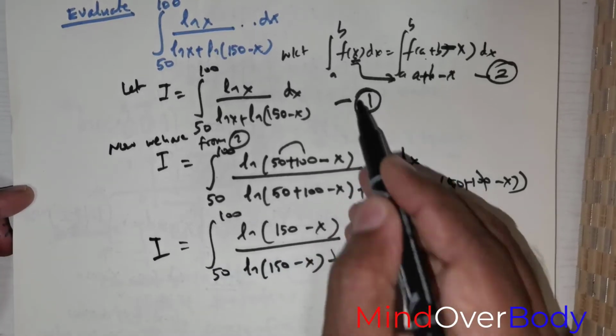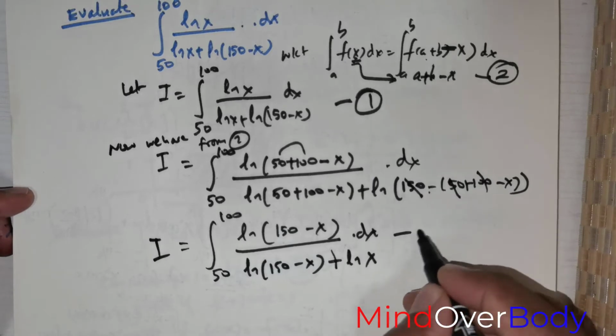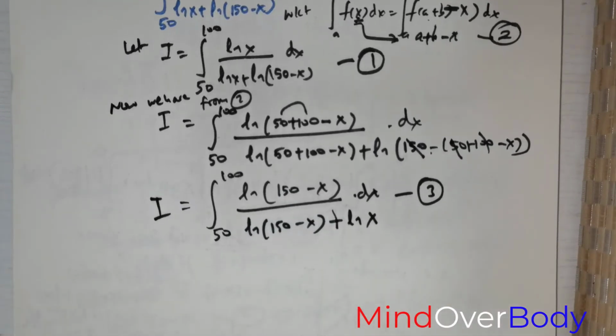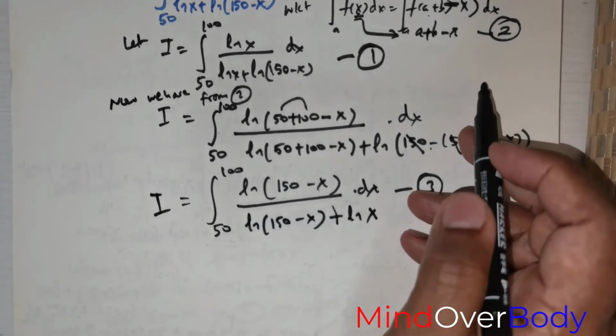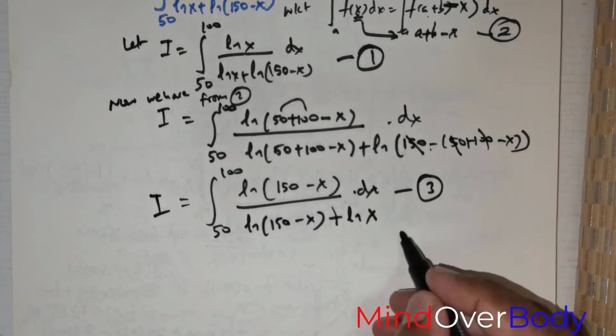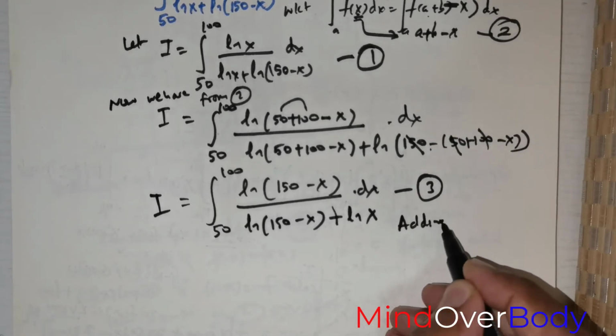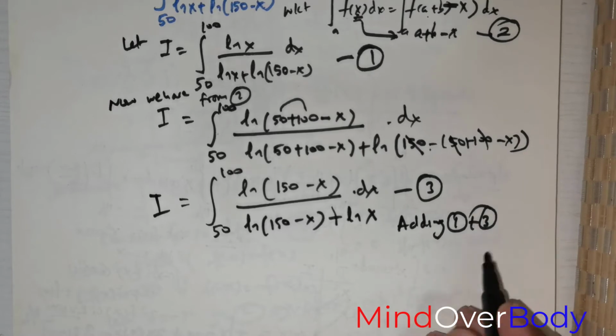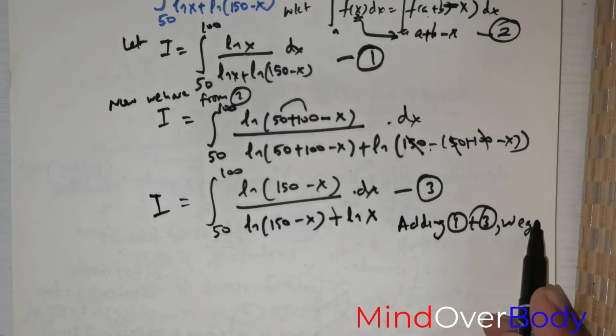Now if I take this as 1 and take this as 3, because I've taken this as 2, adding 1 and 3, what do we get?